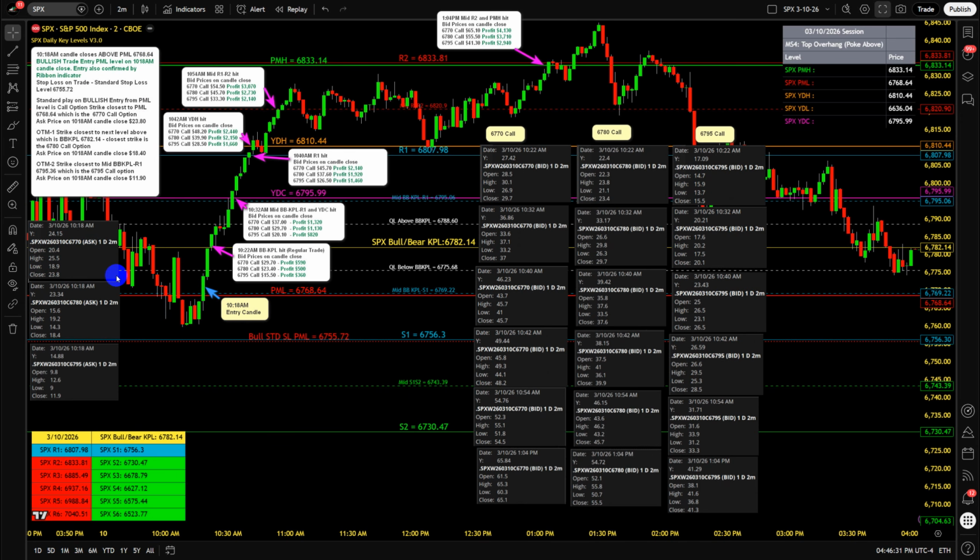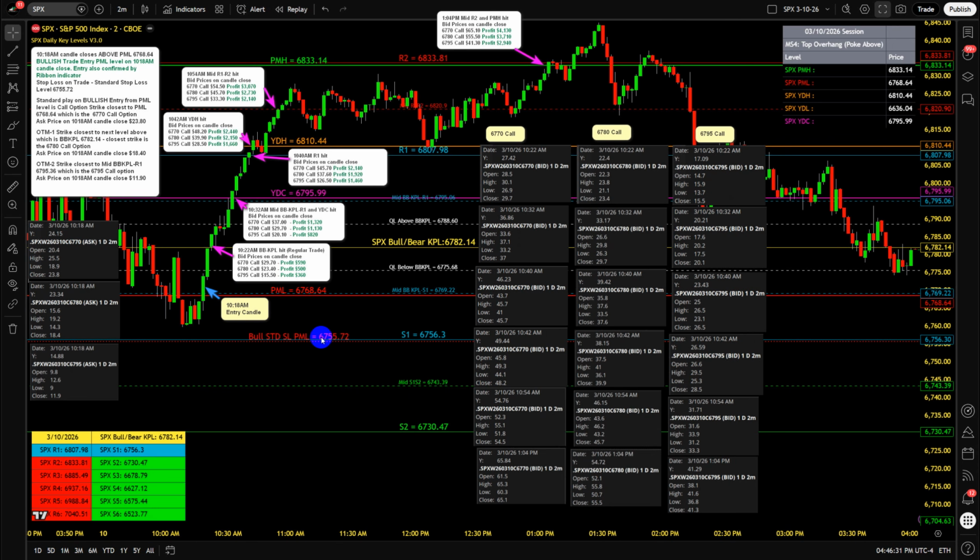That's the recommended time frame to use with this indicator with the daily key level strategy. $23.80 is the ask on the candle close. You're waiting for the candle close to confirm the direction, the close above, and also with your confirmation indicator, the ribbon indicator as well. You need to also wait for the candle close on that as well.